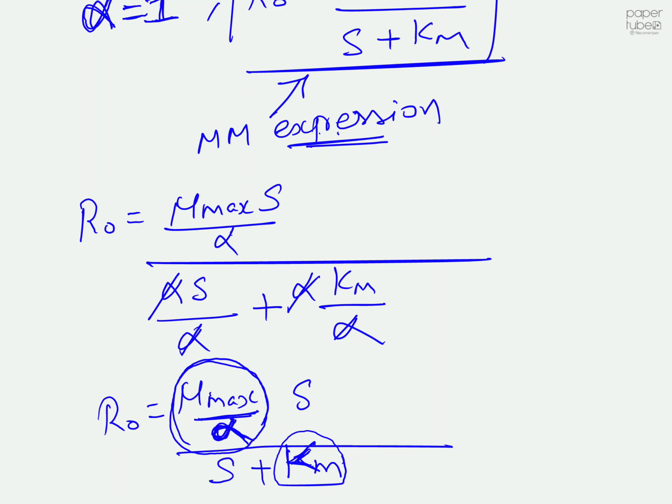Km is not multiplied by any inhibition factor like alpha, but your mu max decreases by a factor of 1 by alpha.